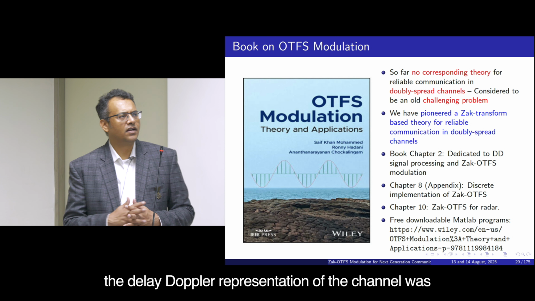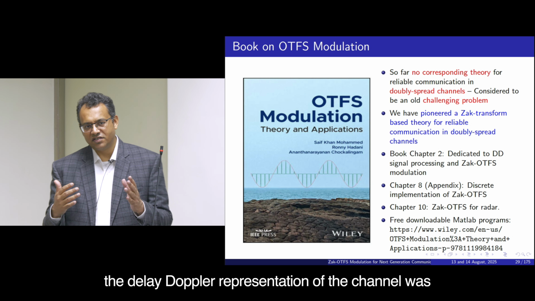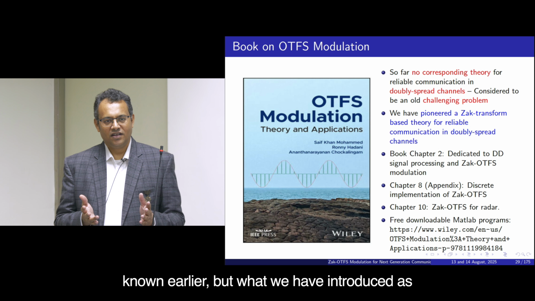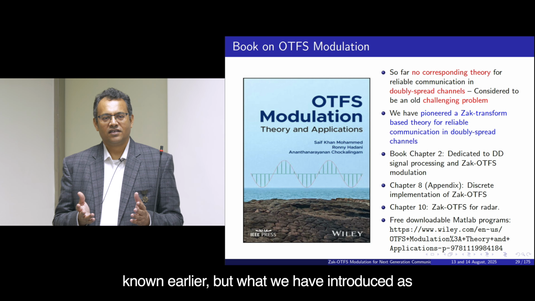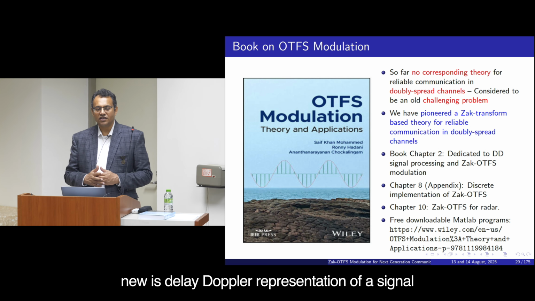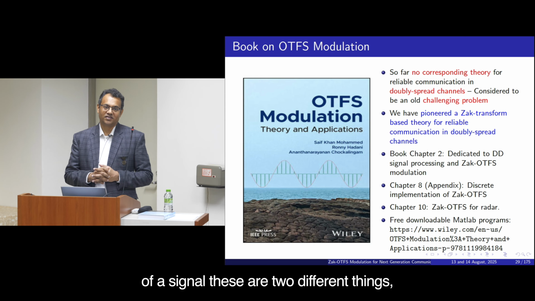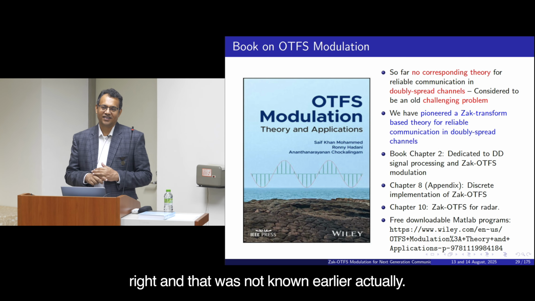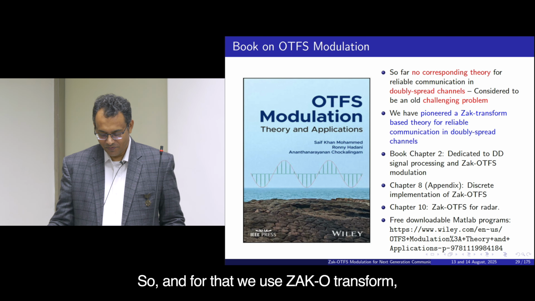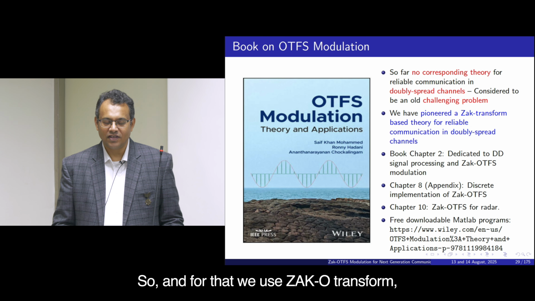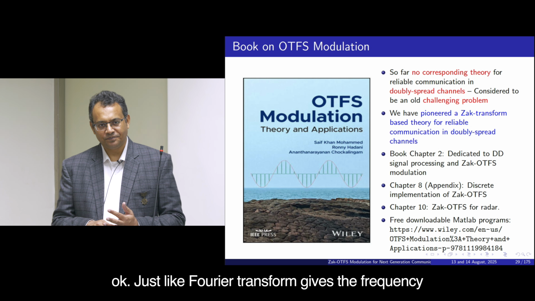See, the delay-Doppler representation of the channel was known earlier, but what we have introduced as new is the delay-Doppler representation of a signal. These are two different things, right? And that was not known earlier. For that we use the Zak transform.